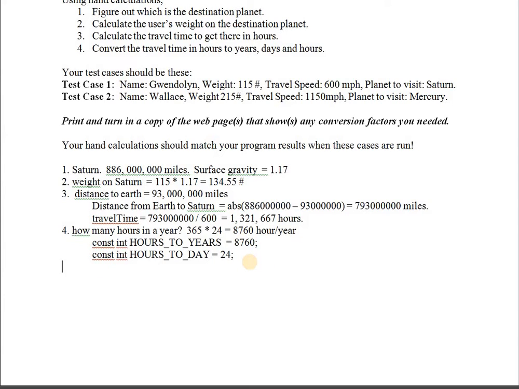Okay, so we start out with the number of years is going to be 1,321,667 hours divided by hours to years, which is 8760. And what is that really?